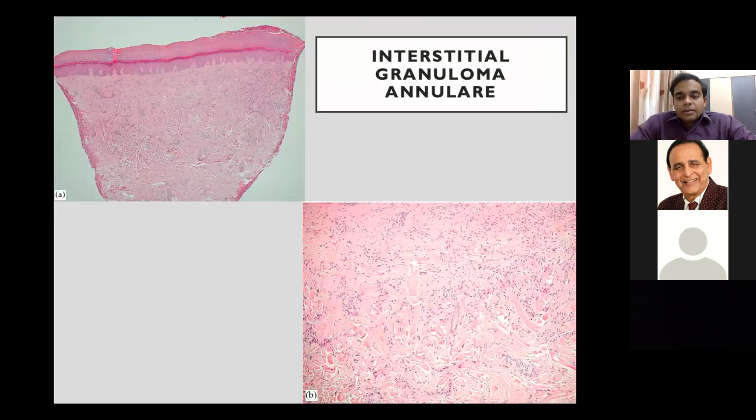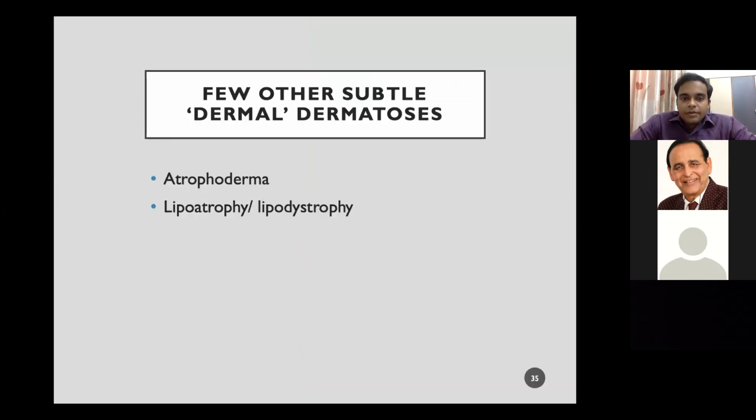And then sometimes biopsies again may just show a busy dermis in the low power. In higher power, you will end up seeing that okay, there are fibrohistiocytes in between the collagen bundles. There is no specific granuloma in this specific variant of granuloma annulare, but there are just interstitial histiocytes. Okay, so there are a few other subtle dermal dermatoses which we cannot diagnose on the basis of histopathology.